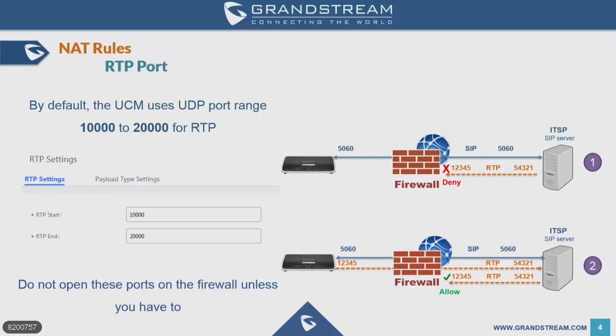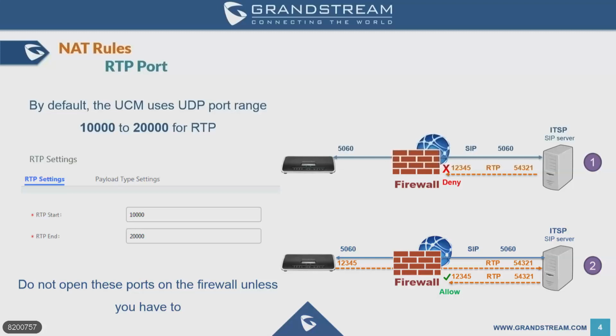RTP is the Real-time Transport Protocol, which is the protocol used to carry audio traffic. Most of the time I see installers open these ports, and I'm talking about the range 10,000 to 20,000, on the firewall to allow audio.